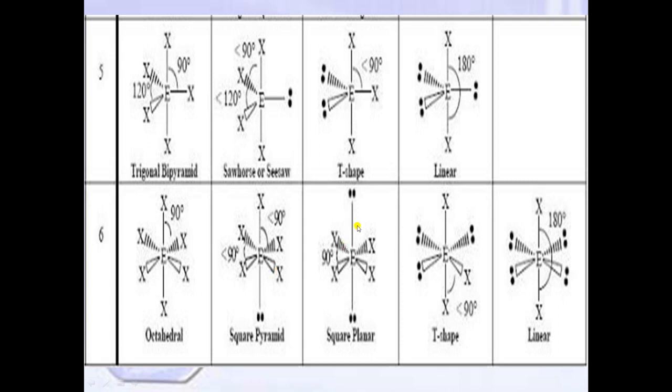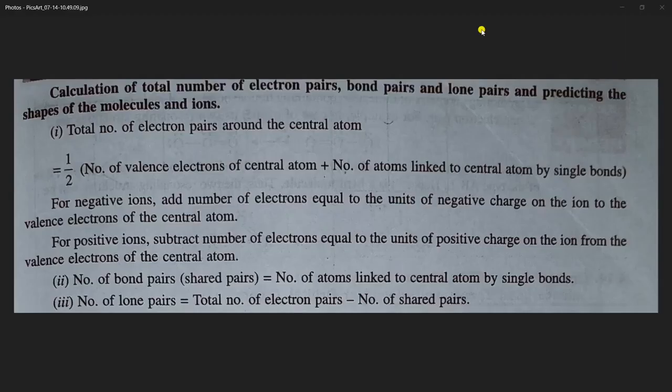We use the term shape when a lone pair is present, and when there is no lone pair, then we use the term geometry. Now here there is a formula by which you can calculate the total number of electron pairs, bond pairs and lone pairs, and you can predict the shape of molecules and ions.